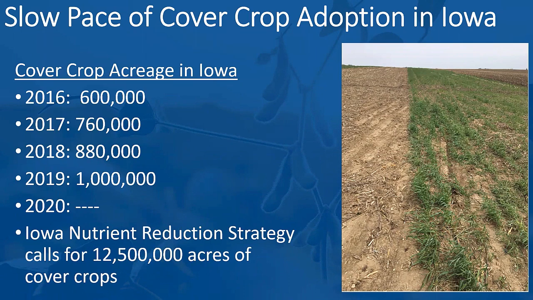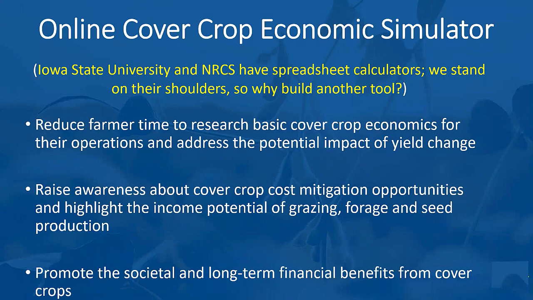So as we started thinking about this problem, as an analytics team with Iowa Soybean Association, what we do often is develop different decision tools, which allow farmers to comprehend these different problems easier. So we decided to develop this tool, which would quantify the economic impact of cover crop in different situations.